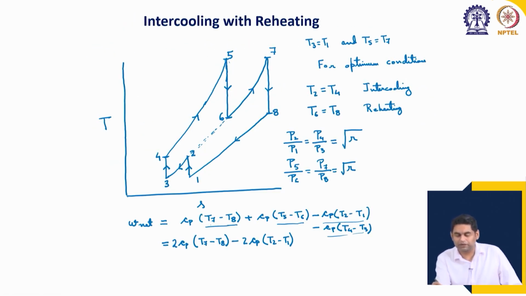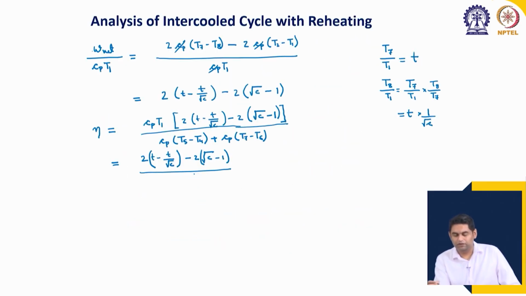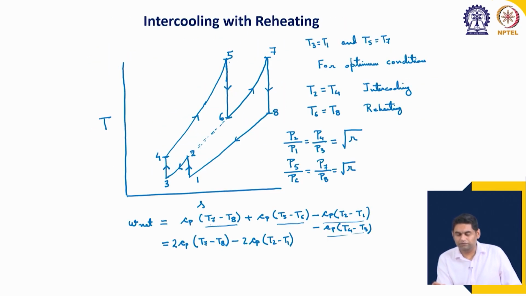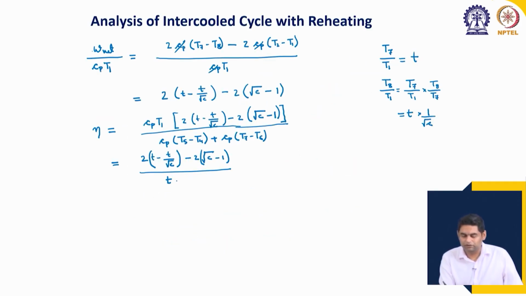Again remember that maximum temperature by the inlet temperature, minimum temperature. So, this is equal to T. T4 by T1, what is T4 by T1? T4 by T1 is equal to T4 by T3. So, that is equal to root c.